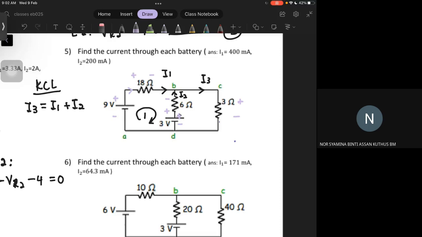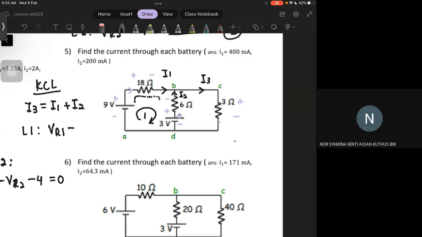Okay, so loop pertama dekat sini, apa formula dia? Kita jalan. 18 ohm kita jumpa positif dulu, so 18 ohm tu saya assume VR1. Kita jalan lagi, untuk 6 ohm tu dia jumpa negatif dulu, betul tak?